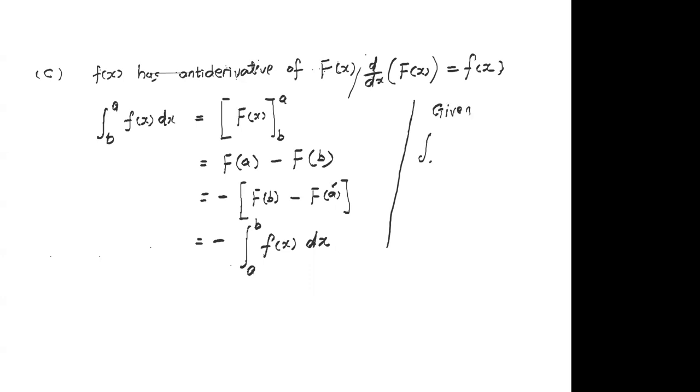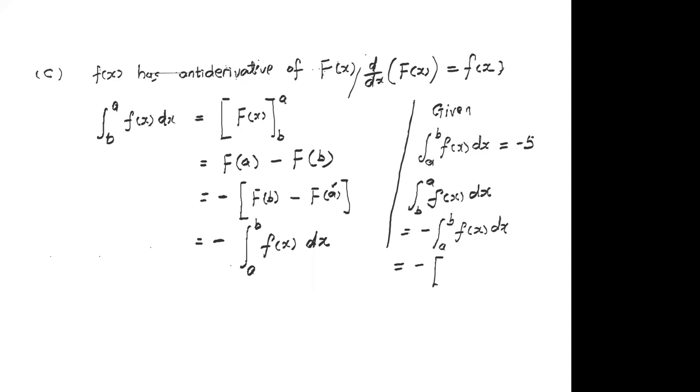So this formula will be used in, for example, I say given integrate from A to B f(x) dx is equal to -5. So I ask you, what is the integral of B to A f(x) dx? So you will say this is equal to negative integrate A to B f(x) dx.